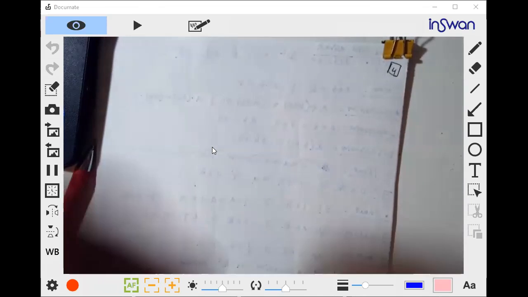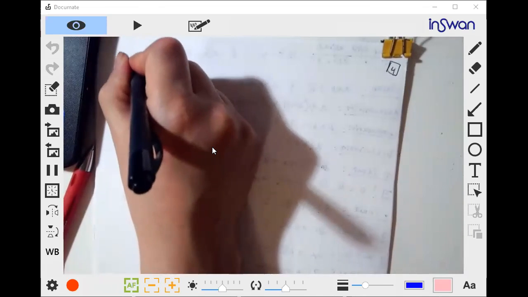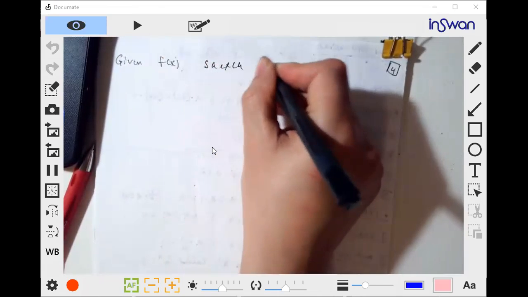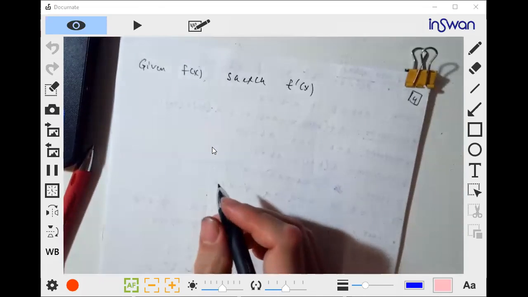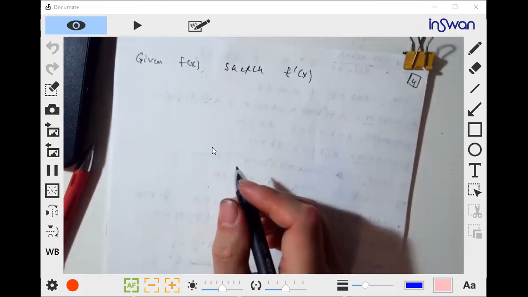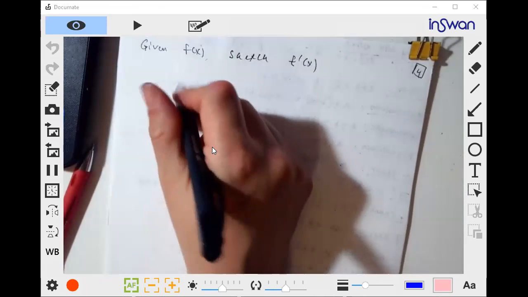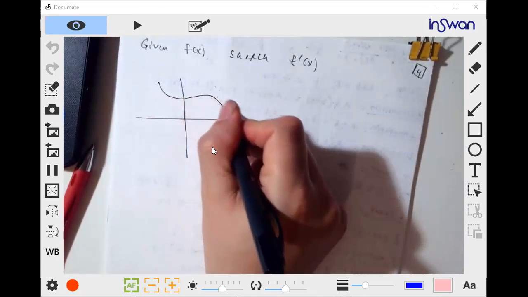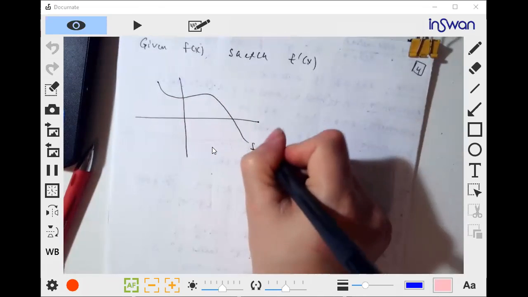So now, given f of x, sketch the graph of f prime of x. Doing this seems difficult, but it's not that bad. Let's be given a function like so. These are f of x.